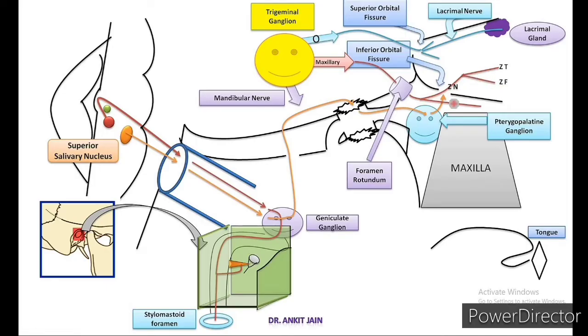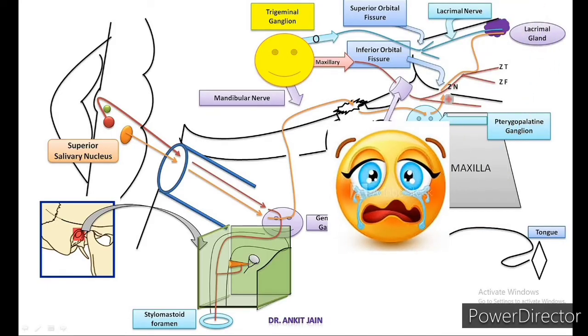Now, these postganglionic secretomotor fibers run along with the zygomatic nerve and enter into the bony orbit through the inferior orbital fissure. Then they run along with the zygomaticotemporal nerve and then take a final jump and run along with the lacrimal nerve to innervate the lacrimal gland and induce it to secrete tears.